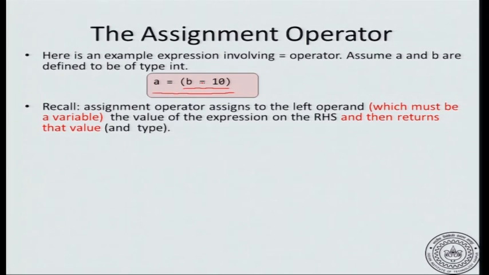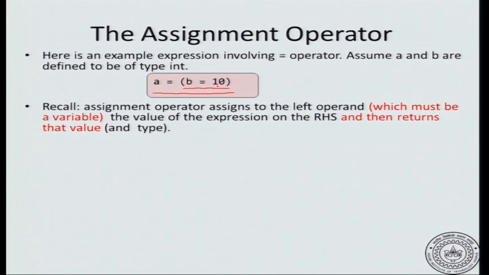So what it does is it assigns the value of the right expression, which is 10 in this case, to the left hand side operand. That is one thing it does, and also it returns the value after the assignment. So 10 has been assigned to b, and the return value of this expression is 10.